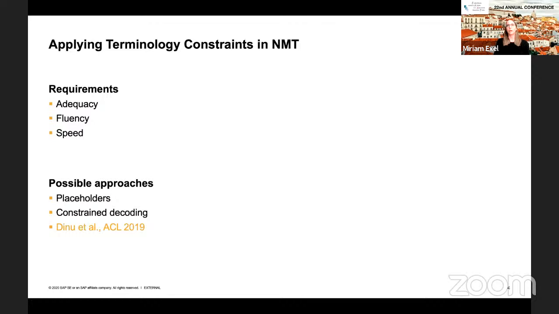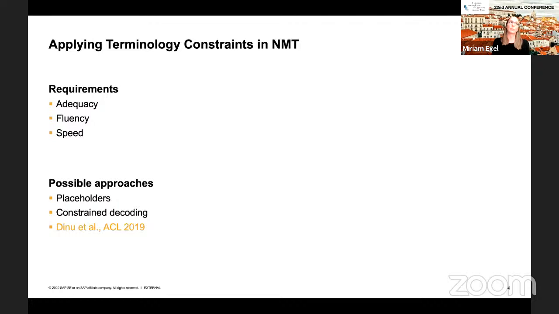Then constrained decoding covers a whole class of methods that modify the decoder such that the provided constraint or constraints are strictly enforced in the translation. However, they usually come with an increase in decoding time compared to unconstrained decoding. And constrained decoding can also lead to questionable translation quality, as has been reported in the literature, mostly because the target term is enforced exactly as given by the constraint, and so no morphological adaptation is applied by the decoder.